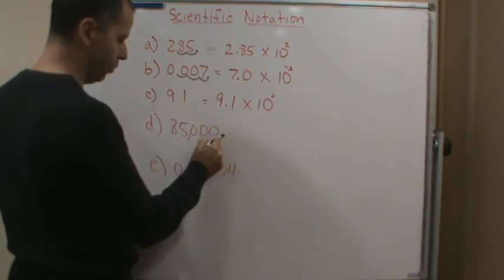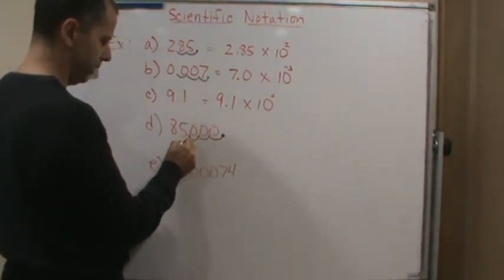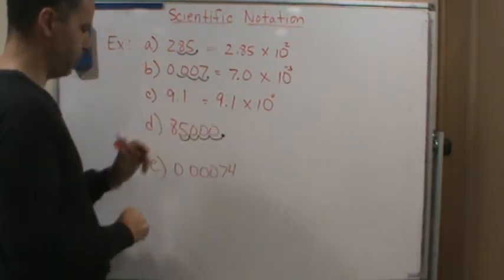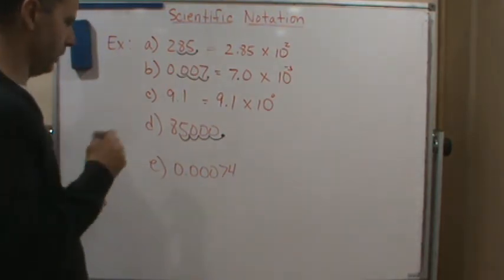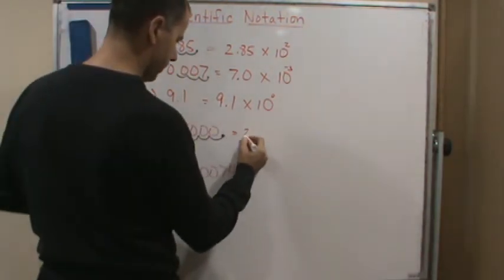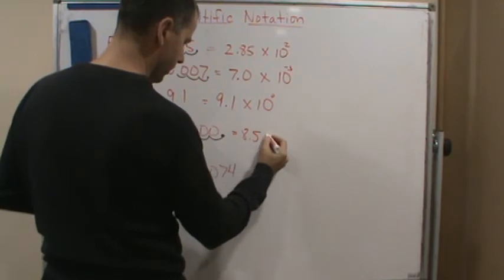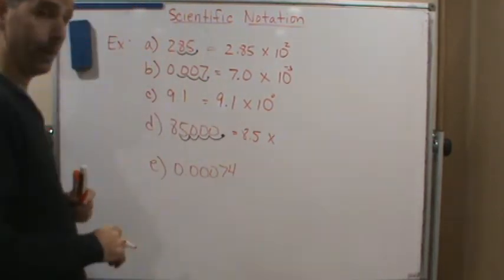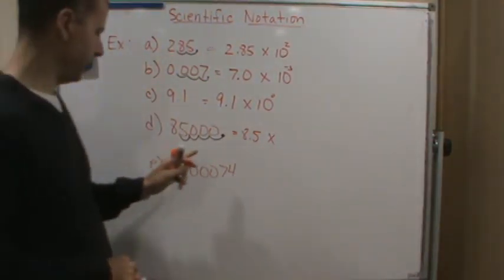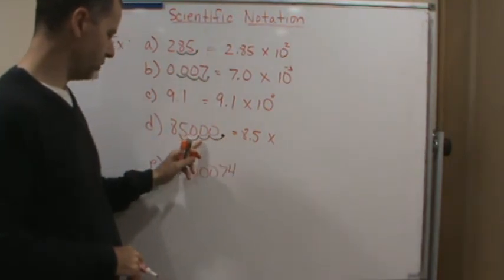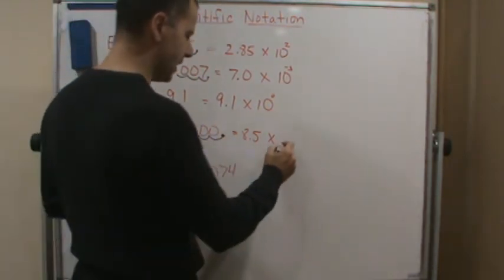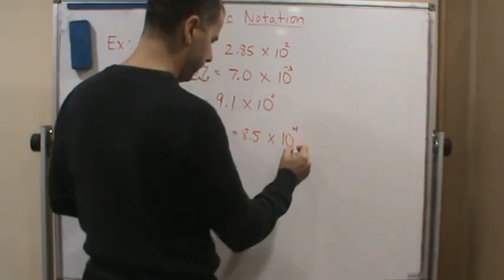So let's do that. 1, 2, 3, 4. So that gives me 8.5. Now I have to add the power of 10 factor. Well, how many place values did I move? 1, 2, 3, 4. So I'm going to have 10 to the 4th.